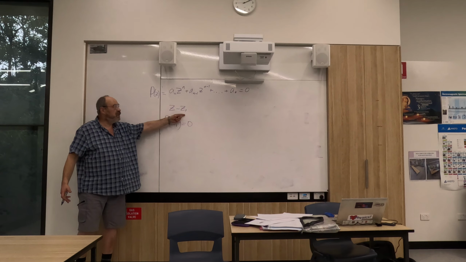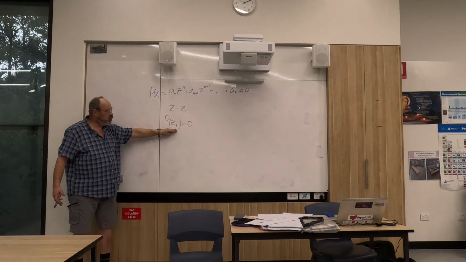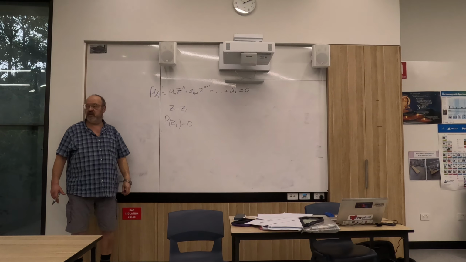If z minus z1 is a factor of this polynomial, then when you substitute z1 instead of z, it will be equal to 0.